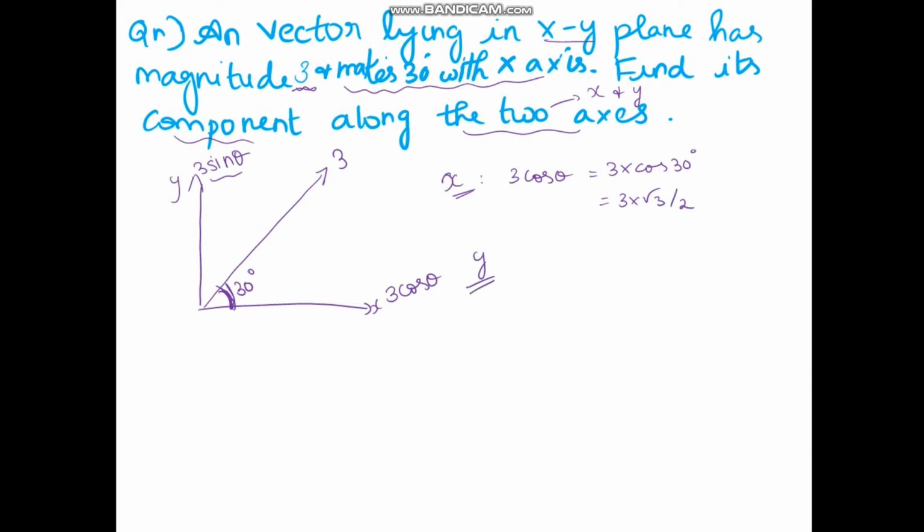Now the component along the y-axis is 3 sin theta. Theta is 30 degrees, so 3 into sin 30, which is 1 by 2, gives 3 by 2. So 3 root 3 by 2 is the component along the x-axis, and 3 by 2 is the component along the y-axis.